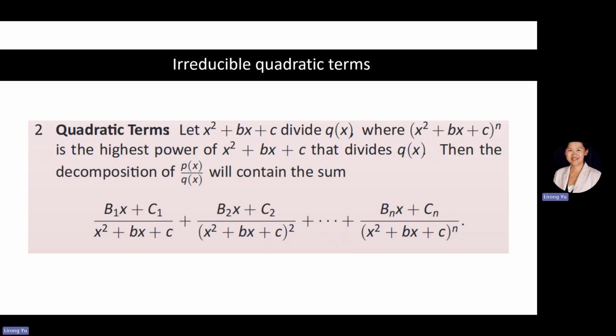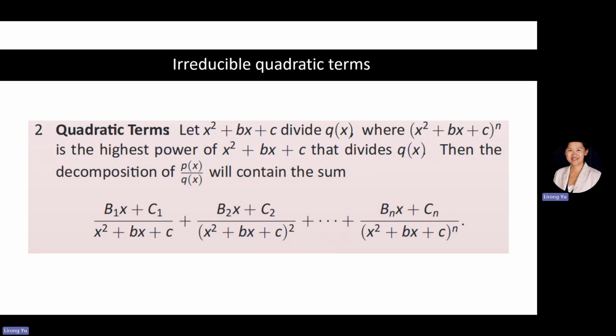Even if the denominator is the square of a degree 2 term, the numerator is still degree 1. That's the advantage of decomposing them: we have much smaller numerators after they're decomposed, so it's easier to integrate them.